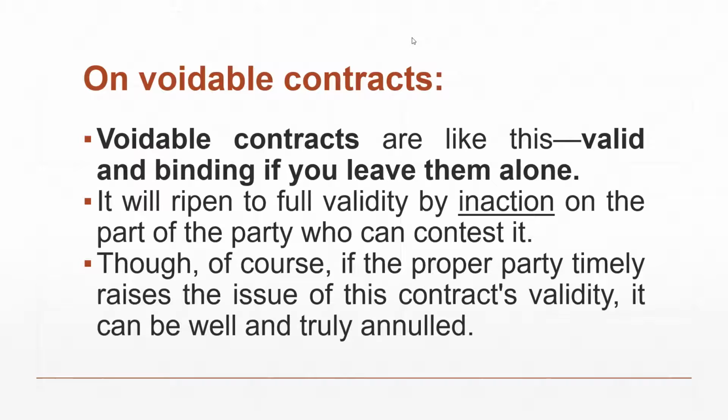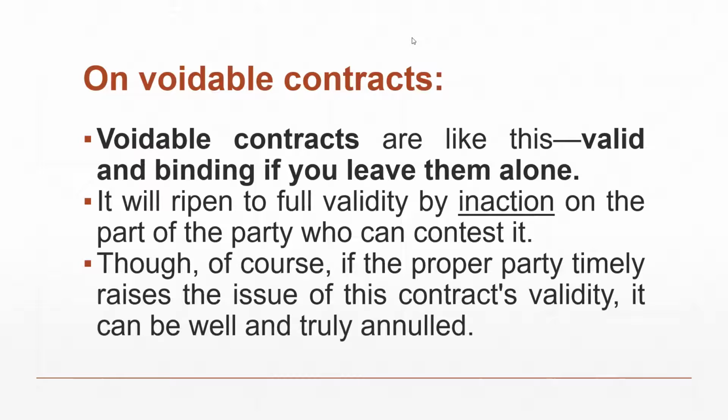So, what we call ratification can take the form of inaction on the part of the party who can contest it. More often than not, there is a party, the aggrieved party, who has the capacity to question a voidable contract. But what if that party does not say anything?